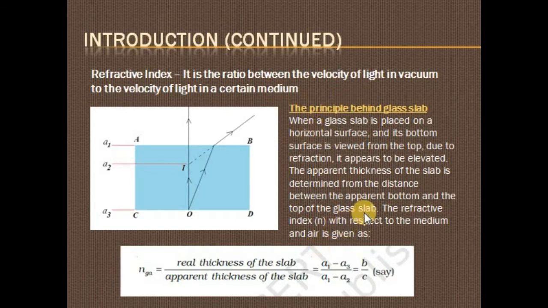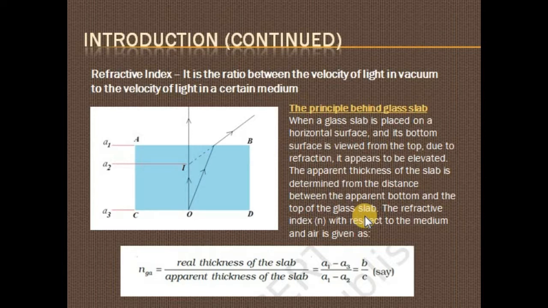Now you should always remember that since it is a ratio with the velocity of light in vacuum, and according to the special theory of relativity, the velocity of light in vacuum is the optimum velocity attainable by any particle, the refractive index is always greater than 1, or it may be 1, but it cannot be less than 1.